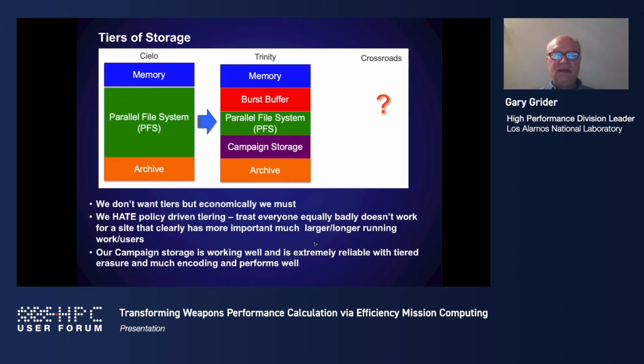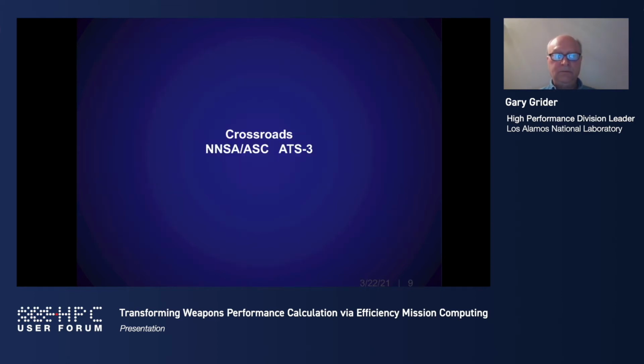And for a site that has few users, which we do, not that many, and very, very important large runs, policy-driven just doesn't make any sense. And we feel like our campaign store is working very, very well. It's extremely reliable. It has this tiered erasure mechanism that makes it very reliable and performs well. So we're going to try to leverage that going forward.